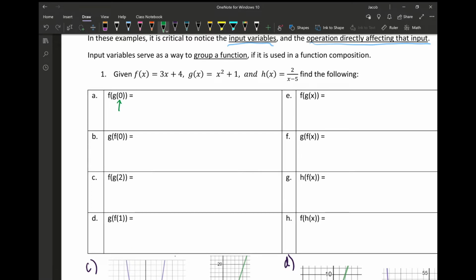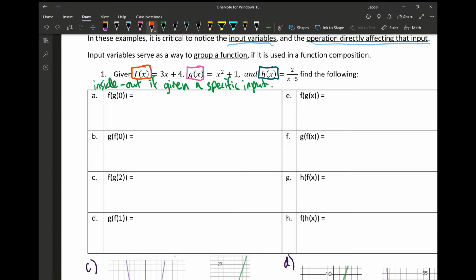And with these, we're going to work inside out, if you're given a specific input, so a number, for example. First of all, I'm going to highlight f of x. I'm going to use red there. I'm going to use pink for g of x, and I'm going to use blue for h of x.